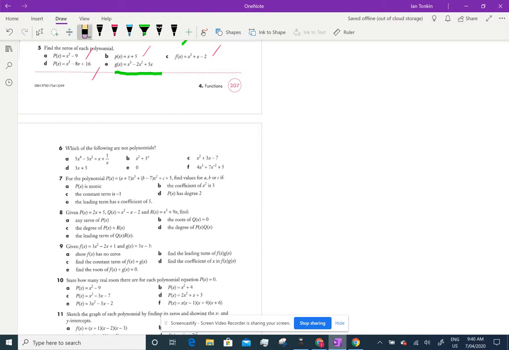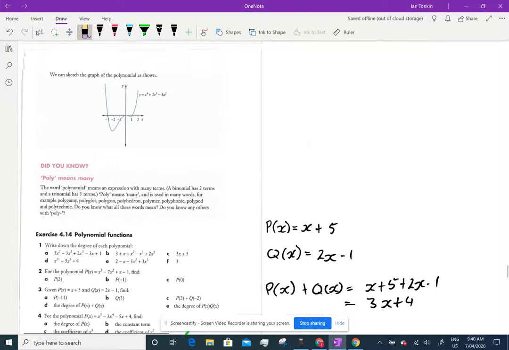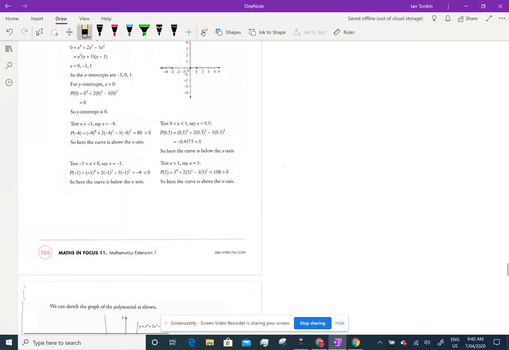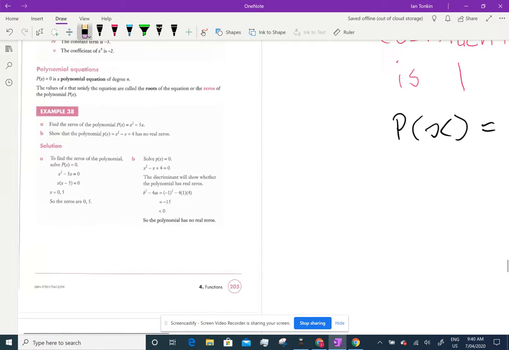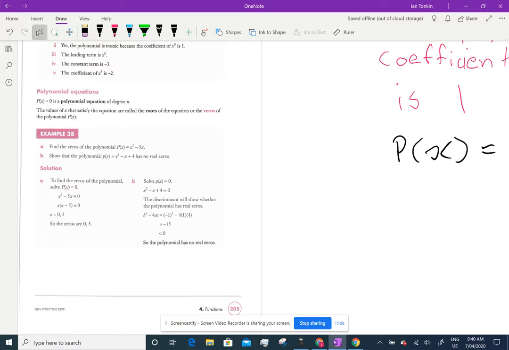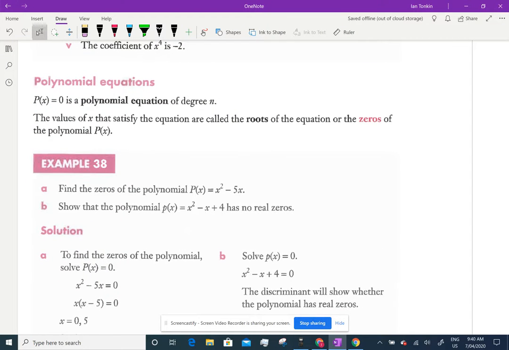Okay, year 11, let's have a look at now what we were talking about earlier, a little bit about roots and zeros. So when we talk about a polynomial or any function, if we put a polynomial equal to 0 and we find the values of x that satisfy that, we call that the roots or the zeros.